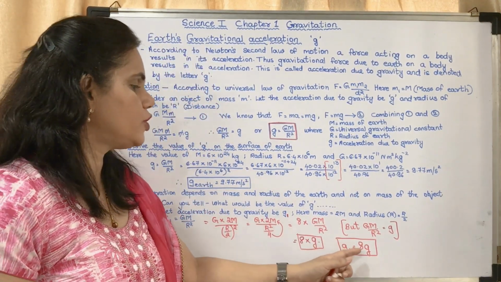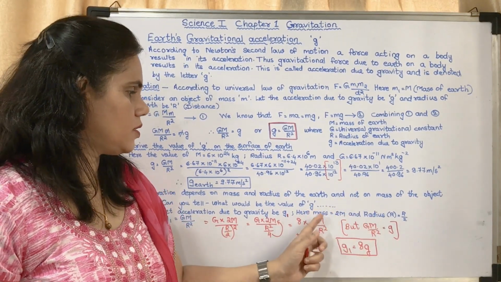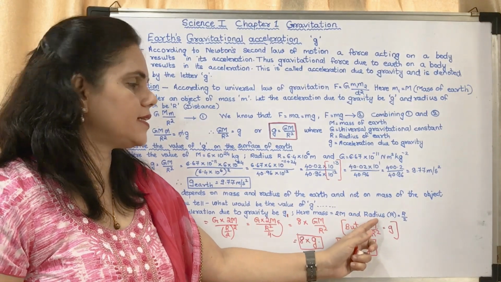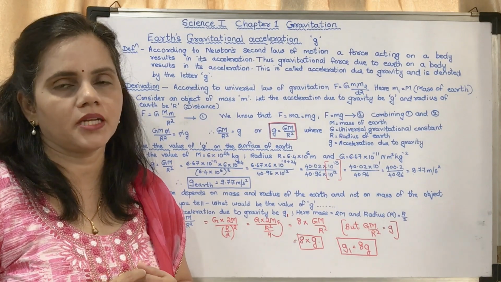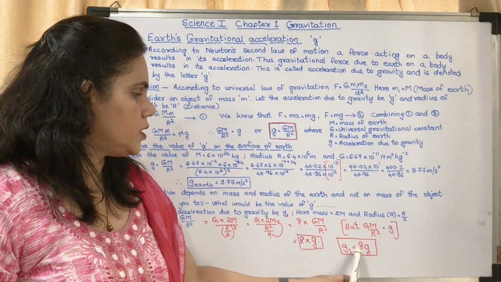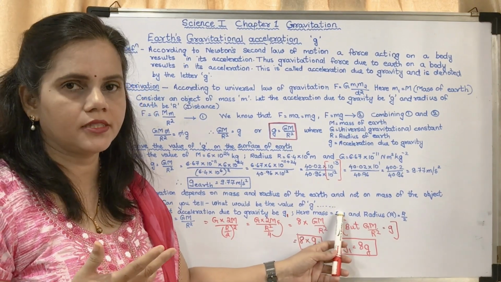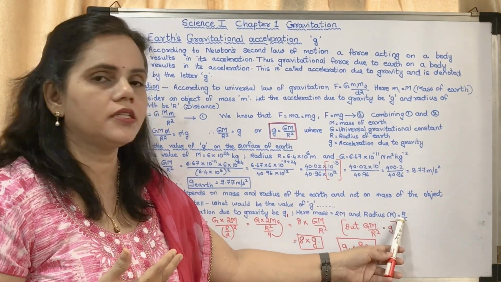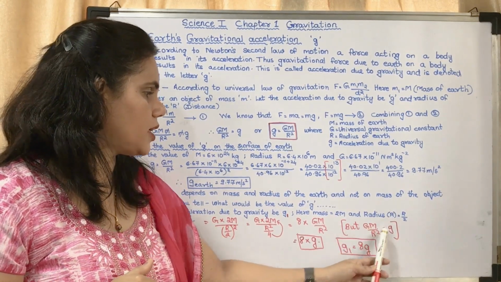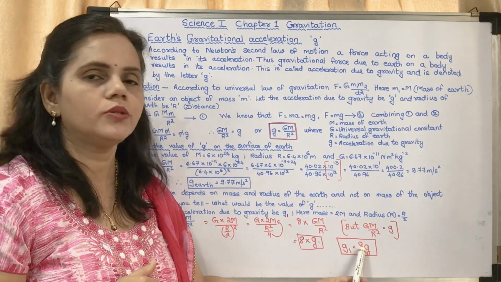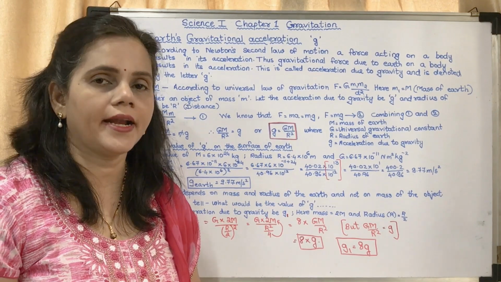So what will happen to g if you increase the mass by 2 times and decrease the radius by 2 times? Here you are doubling the mass to 2M, and here you are reducing the radius to half. So g1 is equal to 8g. That means the acceleration will increase 8 times.